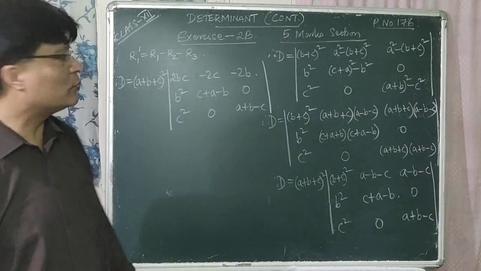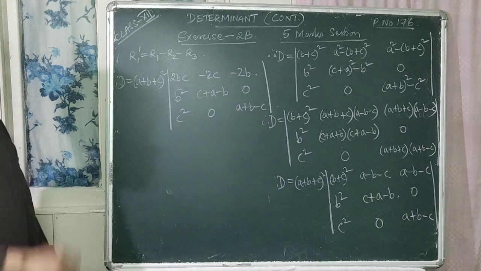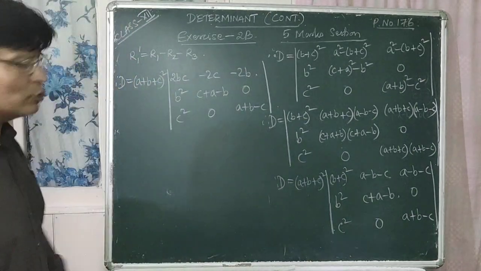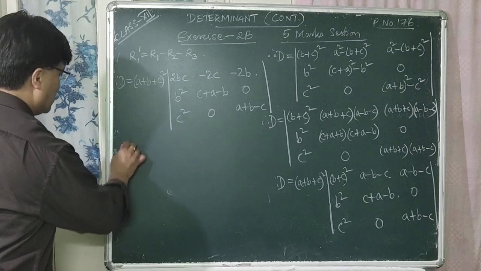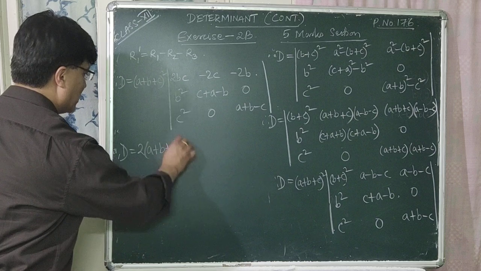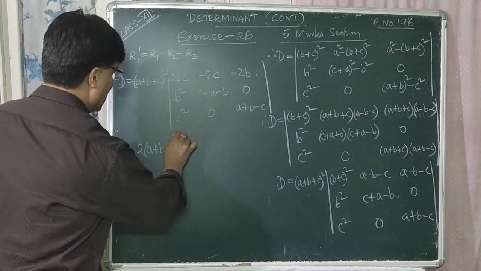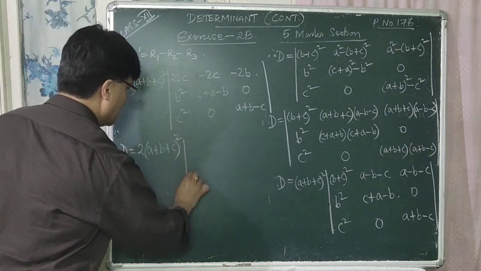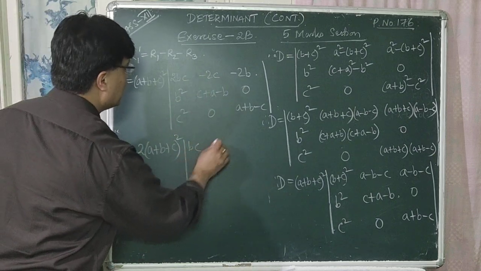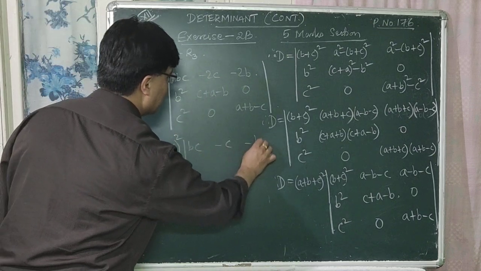Now what will you do? You can take common from the first row. What is common from the first row? 2. So D is equal to twice a plus b plus c, whole square. Then from the first row 2 is taken common, so it is bc, minus c, minus b.